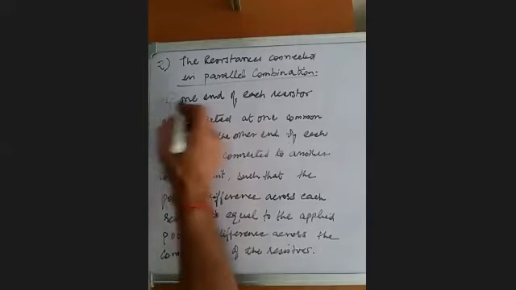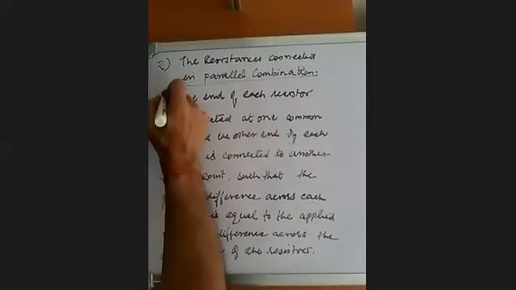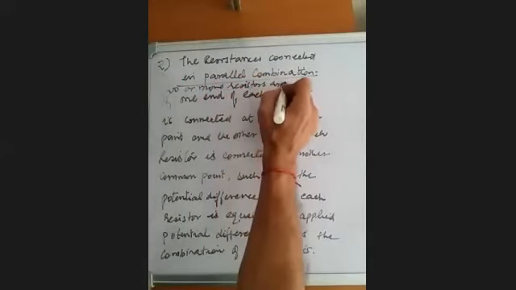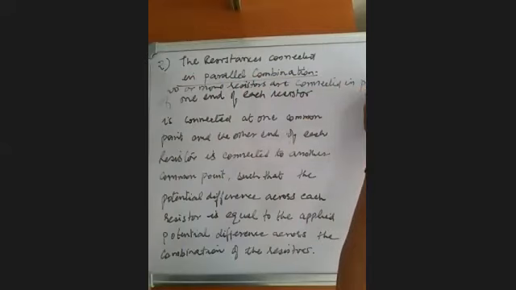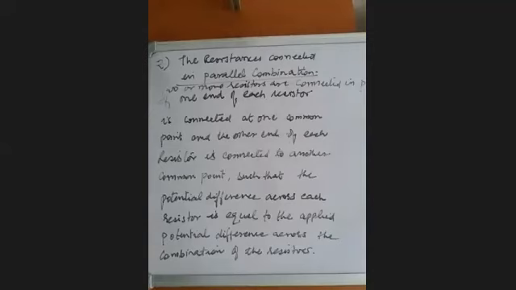Okay, so you can say that two or more resistors are said to be in parallel if one end of each resistor is connected to one common point and the other end of each resistor is connected to another common point, such that the potential difference across each resistor is equal to the applied potential difference across the combination of all the resistors.